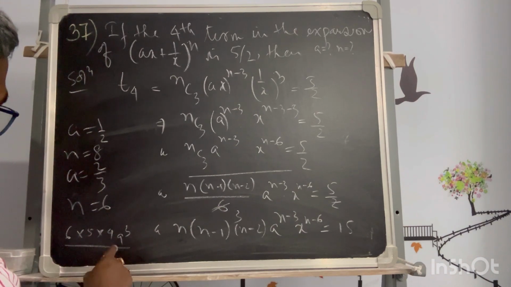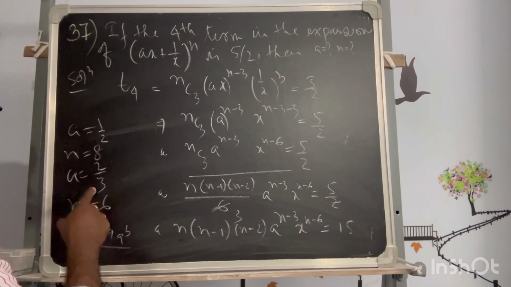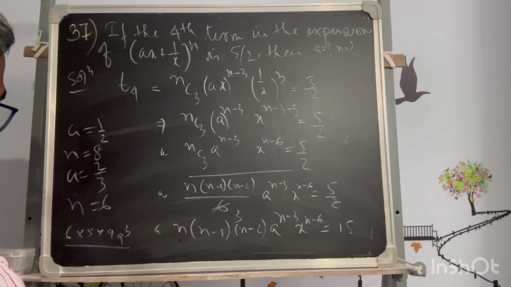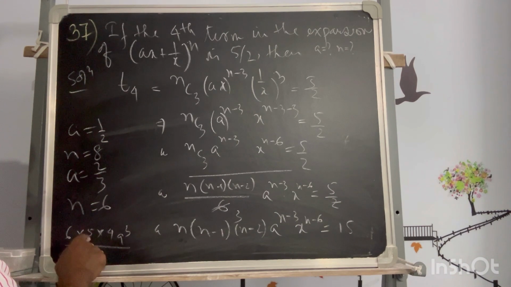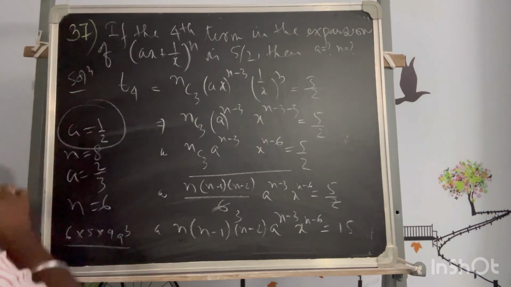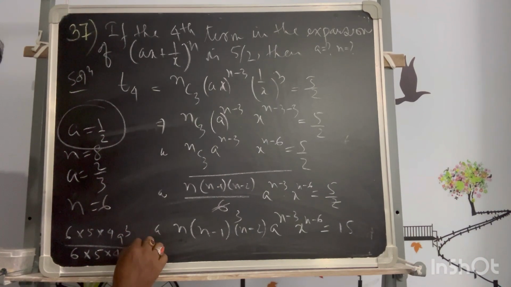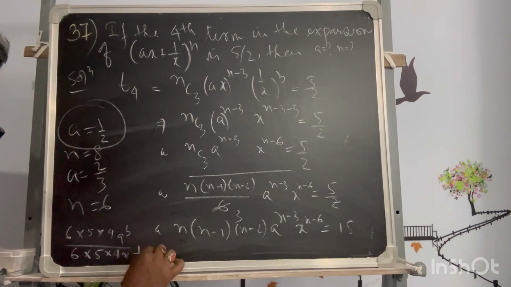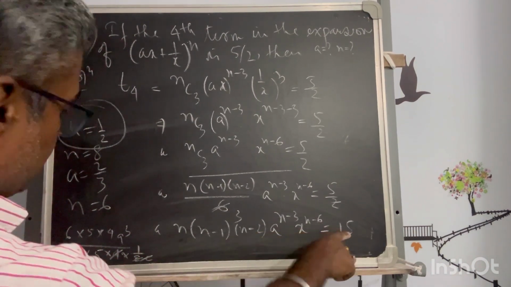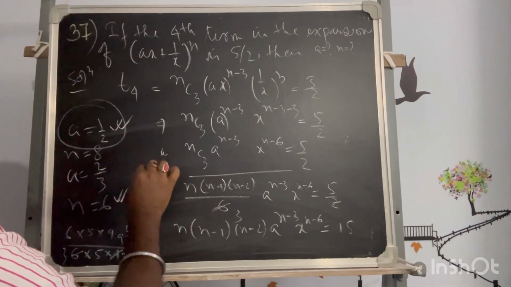Now any value of a, will it be able to give you 15 here? Because to get 15 I have to get 3 into 2, 4 into 8, this has to be 8. So only if a is equal to 1 by 2 is it possible. So if I put a is equal to 1 by 2, this is into 1 by 8. So 4, 2, 2, 3, 3, 15. So 15 is equal to 15. So this is possible.